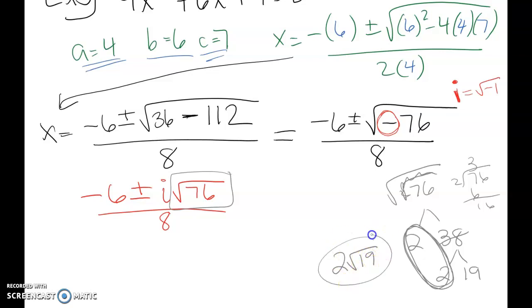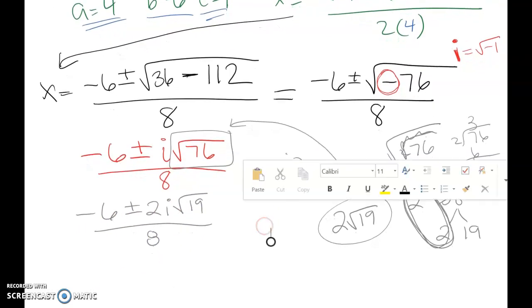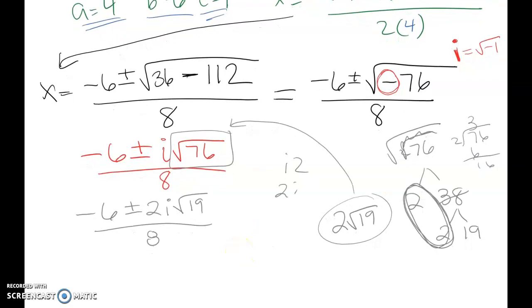So I'm going to replace this right here. So I have negative 6 plus or minus. Writing I2 is going to look funny, so I'm going to write 2I. So it's 2I square root of 19. And then the last thing I want to do is reduce these coefficients. So 6 and 2, I could take a 2 out of there.